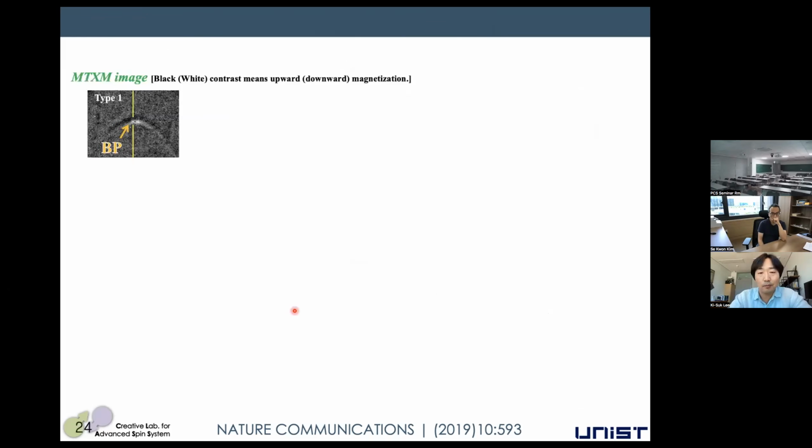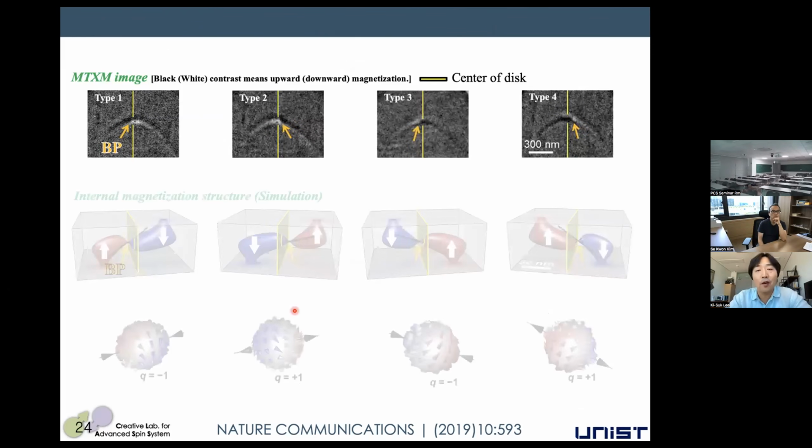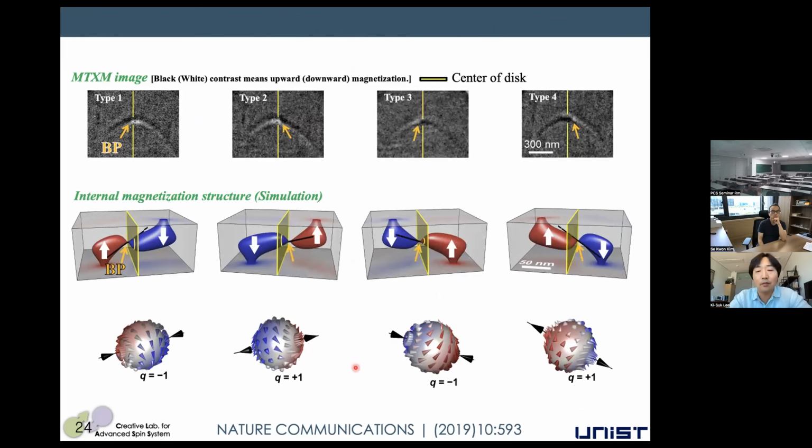Okay, so we did a lot of experiments, and then we found four types of Bloch point structures with different skyrmion numbers. And to figure out the type of structures, we did the simulations.